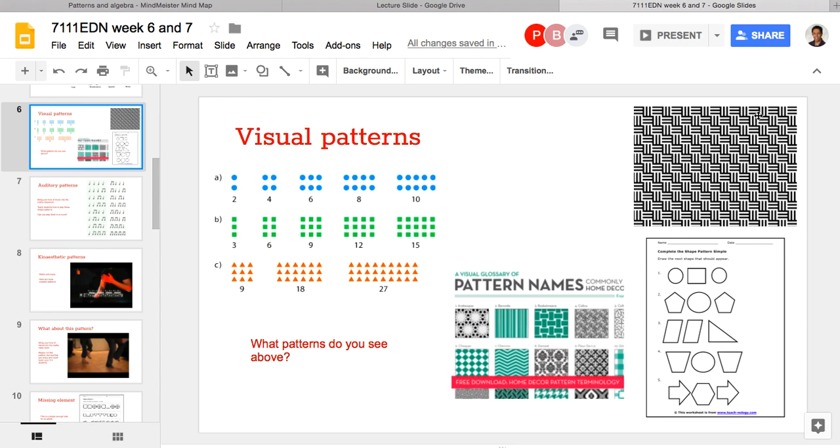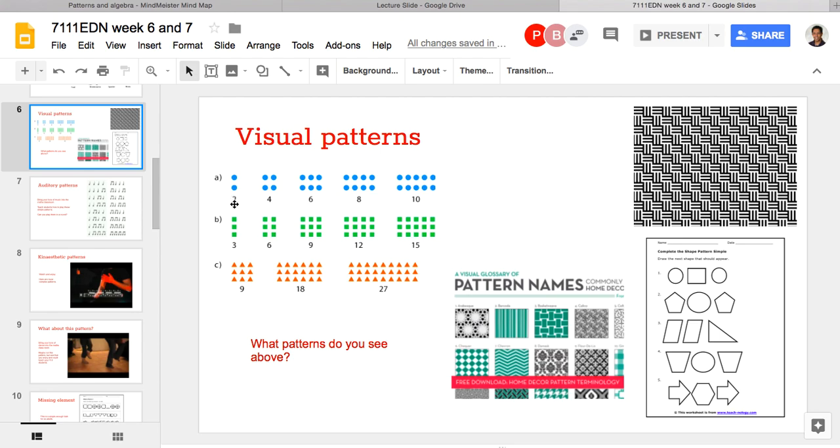So you have patterns like this, and these are more traditional number patterns, but you can see how you can look at number patterns symbolically. Remember the CPA progression that we've been looking at throughout this course.